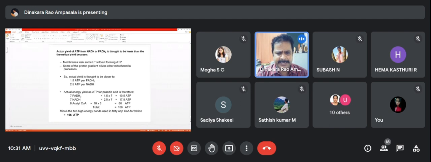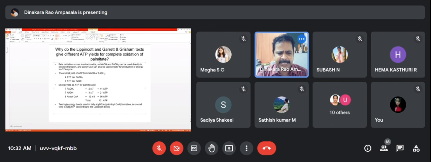Because of this leakage in the proton gradient during ATP generation, actually you will get 1.5 ATP molecules for an FADH2 molecule and 2.5 ATP molecules for one NADH molecule. So taking that into account, losing the hydrogen ions during the proton gradient, you will get a net of 106 ATP molecules, not 129.